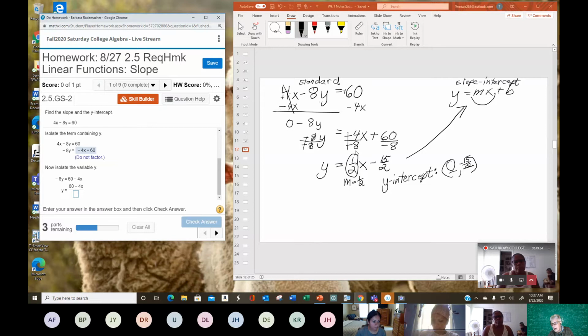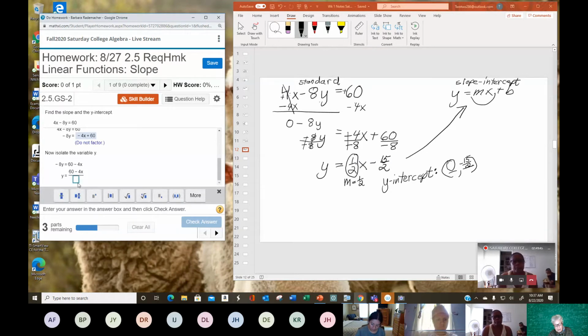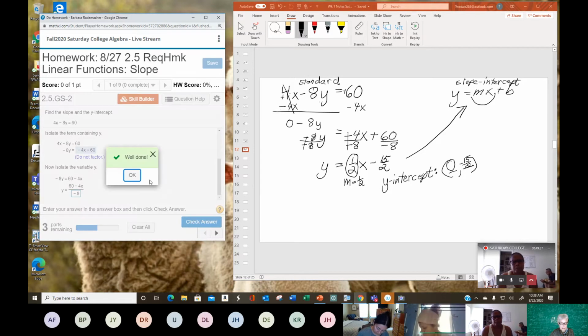So instead of dividing each term individually by negative 8, they took them both together and did it. Look, and we didn't have to turn the terms around either, but I say you do. Negative 8, well done.